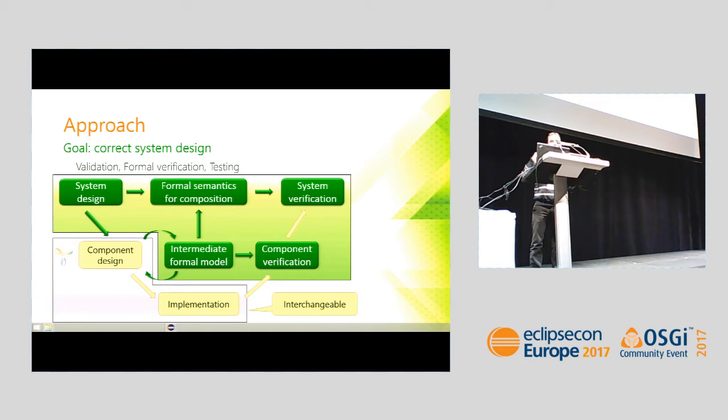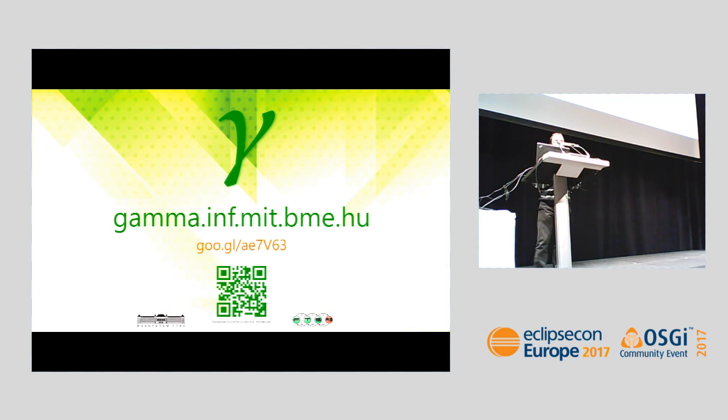It is interchangeable, so it is easy to put another modeling language in it. If you have, for example, MATLAB Simulink models and Yakindu models, then you can combine them together and transform them to this intermediate formal model, and what you get is formal verification, test generation, validation, and code generation. And if you are interested, just visit this homepage.